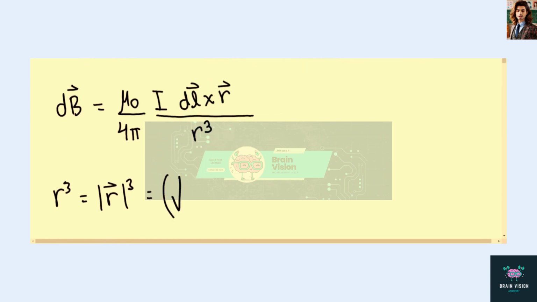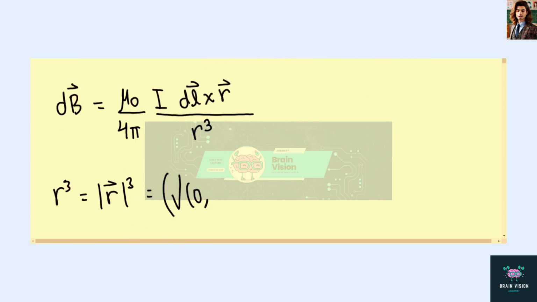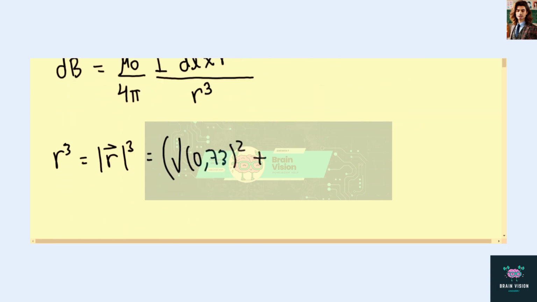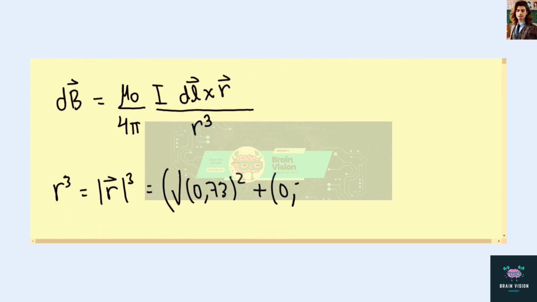So it will be something like this: 0.73 squared plus 0.39 squared.